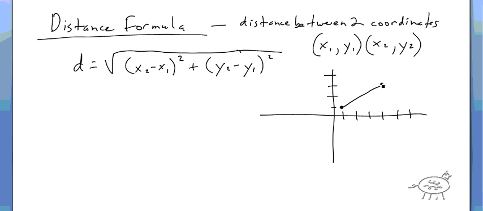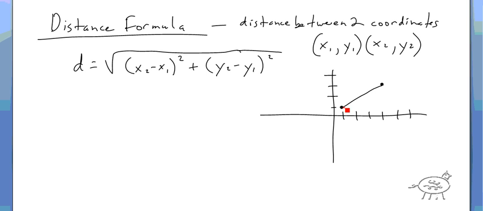Do you guys agree that I can draw this distance? So the first distance right here, the first one that I'm sketching here, that's the difference of the x's, right?